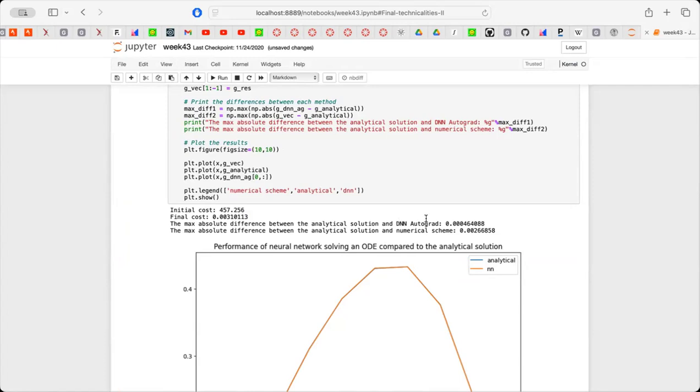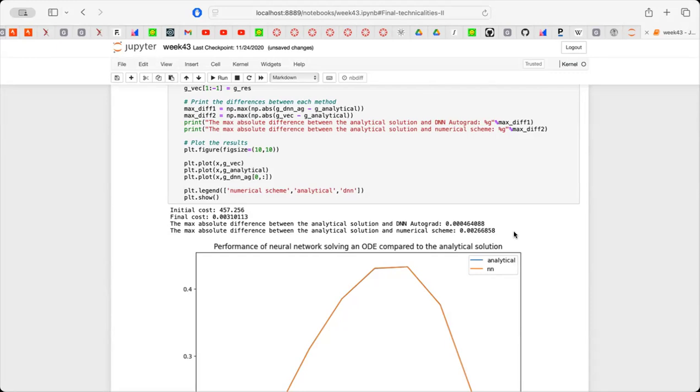So my neural network using AutoGrad gives actually a very small difference. I have a difference which is 4 times 10 to the minus 4. And the difference between the analytical solution and the numerical scheme based on the linear algebra algorithm, the Thomas algorithm, is now giving me roughly 1 order of magnitude higher error.